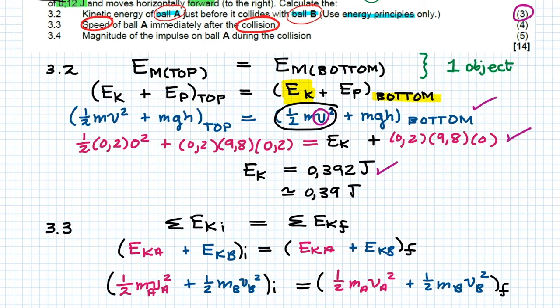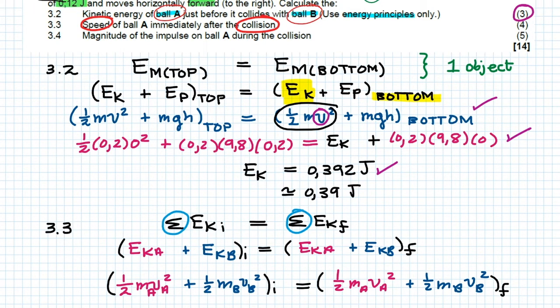An elastic collision takes place between two objects. So we are saying that the sum of the kinetic energy of both of the objects, when we add them together, is going to equal the sum of the kinetic energies of both of the objects after the collision.